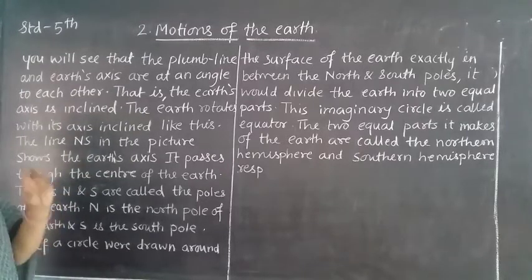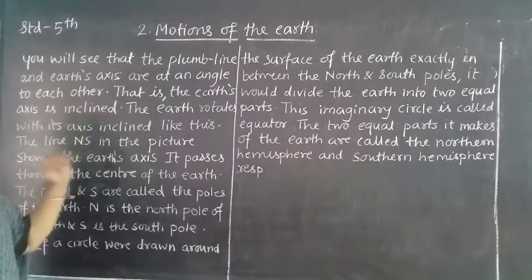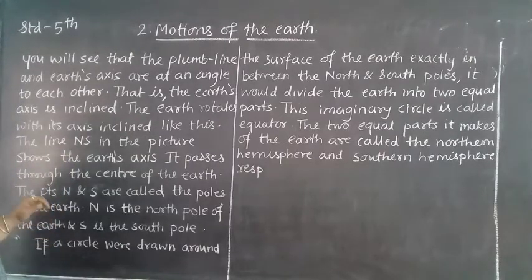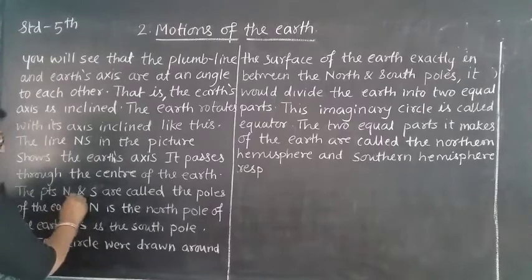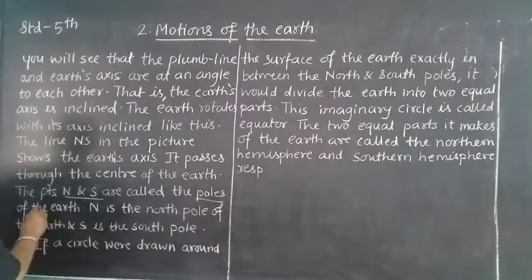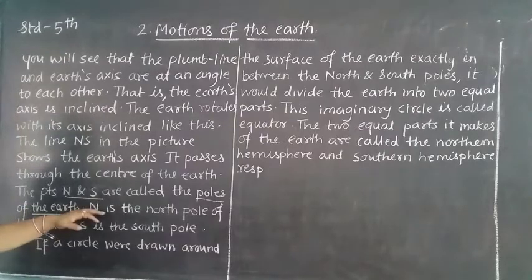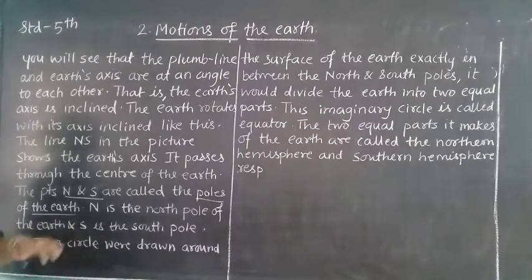The points N and S are called the poles of the earth. N is the north pole of the earth, and S is the south pole of the earth.